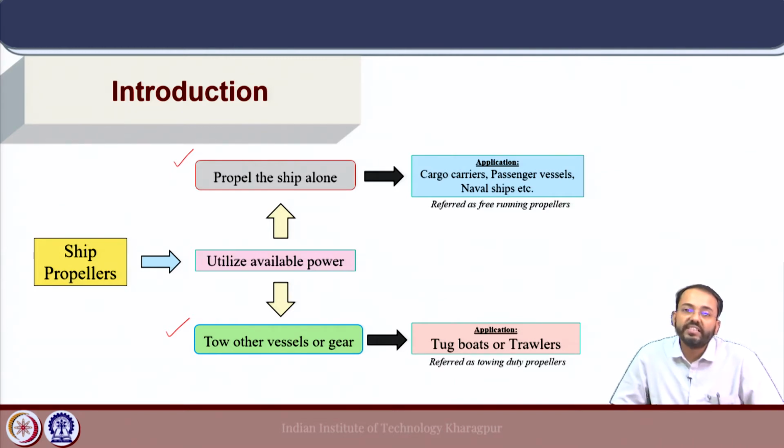When another vessel is attached to that vessel with a tow rope, that towing purpose requires additional power, and the propeller itself works at a different loading condition, because we have learned that the RPM of the propeller relative to the forward speed of the vessel gives the loading condition. So, these are special applications for tugs and trawlers which are referred to as towing duty propellers. These two are the primary functions of the propellers based on the operational scenario of the particular vessel.